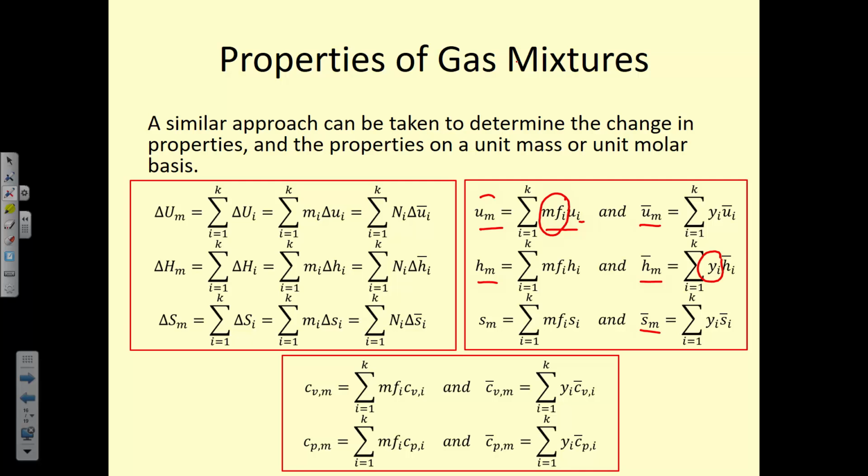So this looks like a lot of stuff, but it's really the same thing that we've been doing up until this point, that anytime you want to find this lump average property value, or mass, or molar number, you have to look at the weighted contribution of each of the individual components.